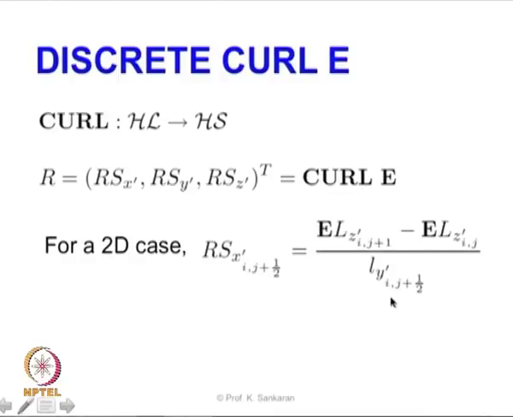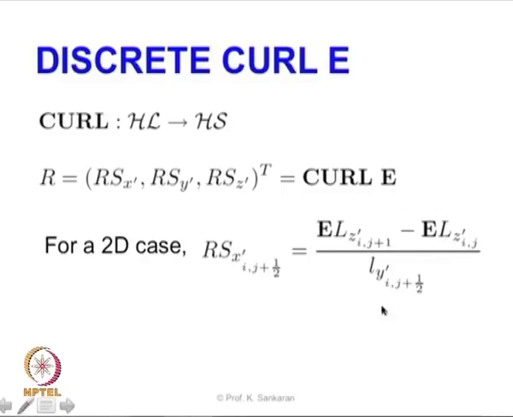For a 2D case, for a simple problem that we are trying to address here, which is the transverse magnetic case, we will have RS x prime I comma j plus half is equal to, as you can see here it is j plus half, so it has to be y prime, EL z prime I comma j plus 1 minus EL z prime I comma j.